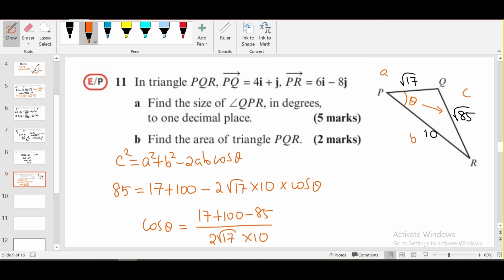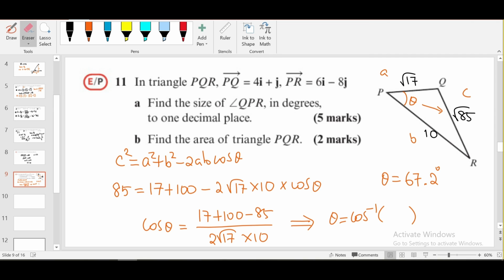Find the value of it, then find the inverse of it. That's cos inverse of this. They want the answer in degrees to 1 decimal place. Yeah, so 67.2. 67.2 is the right answer. 67.2 degrees. Okay, you understand this?